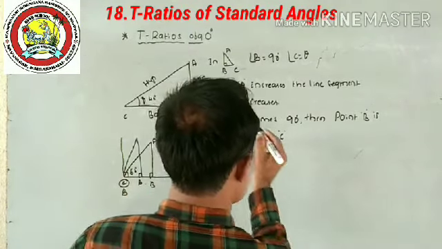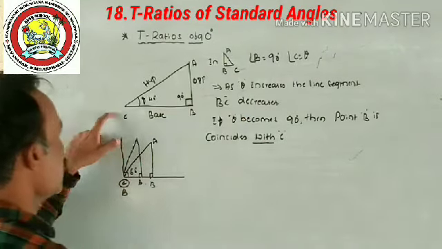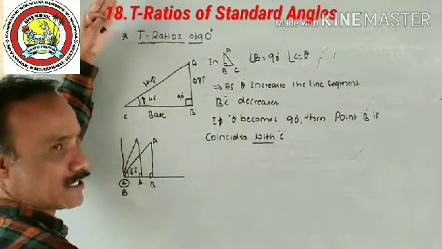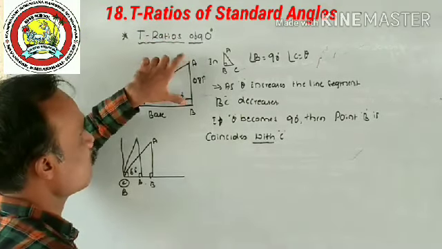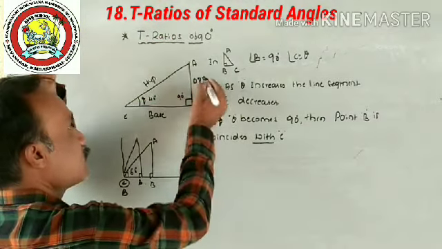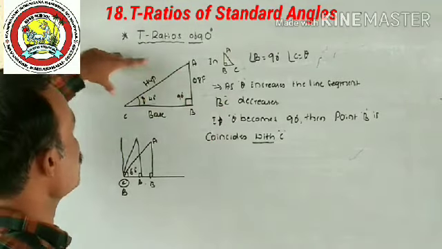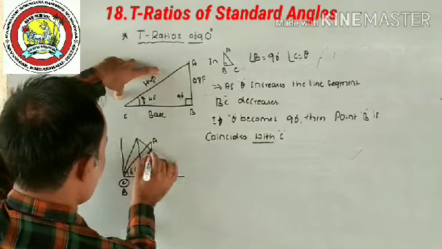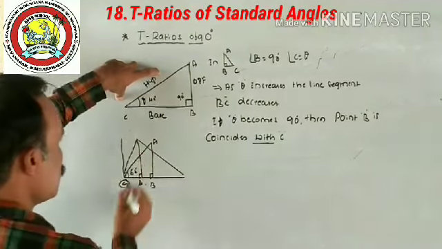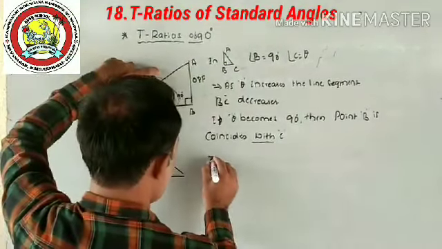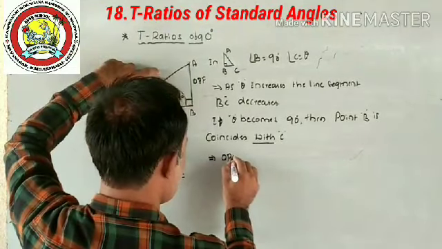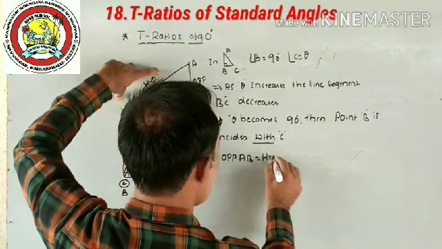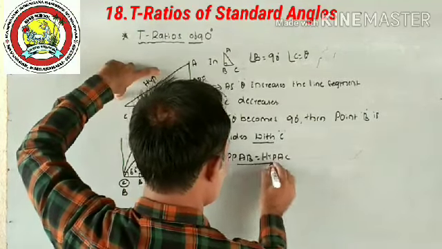Next, write down: as the base BC decreases, AC goes on increasing. So what about the opposite? This is very important. In this case, opposite is the same as hypotenuse. Just to draw here like this, which implies opposite AB is the same as hypotenuse AC.